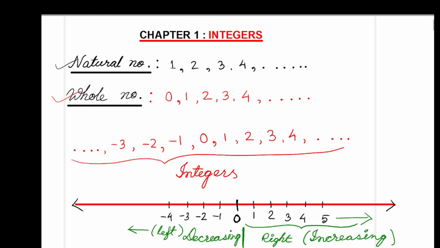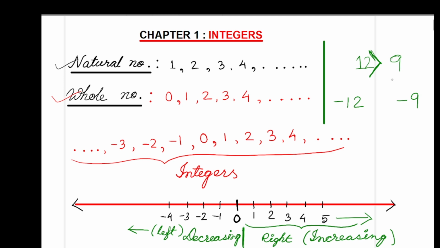That is why 12 is greater than 9. That is why we have used this symbol, greater than. Suppose we write minus 12 here and minus 9 here.